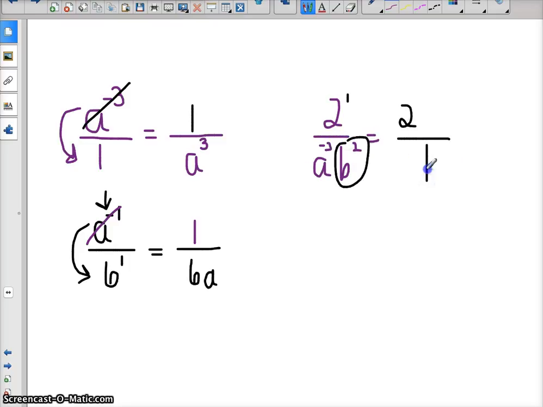It will stay put. But it's this a to the -3 that has a negative exponent. So we will move this base and its exponent from the denominator to the numerator. And when we move, the negative exponent becomes positive. And this expression cancels out. And notice now we have all positive exponents.